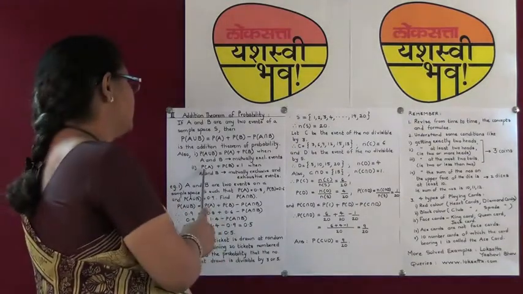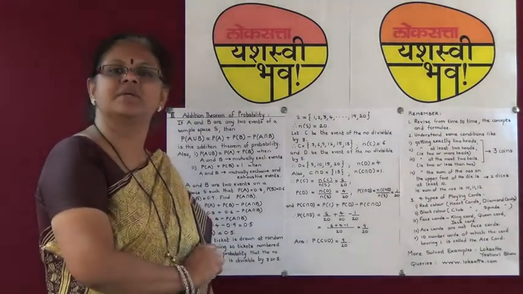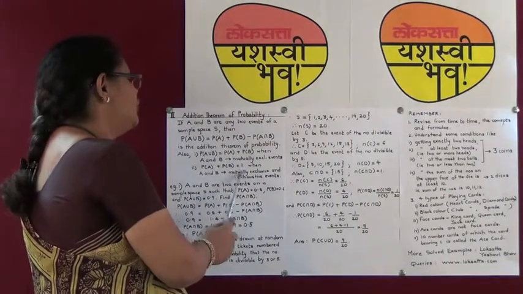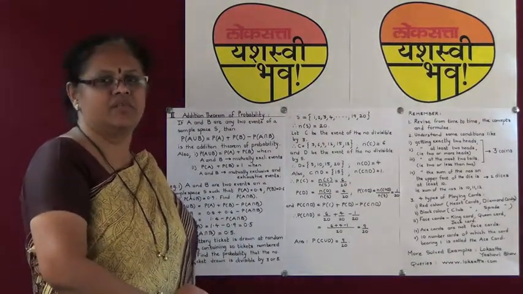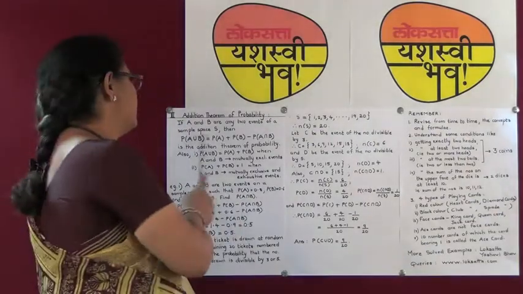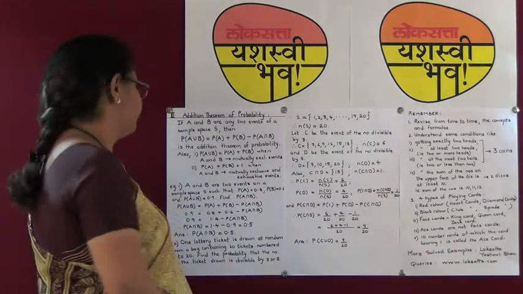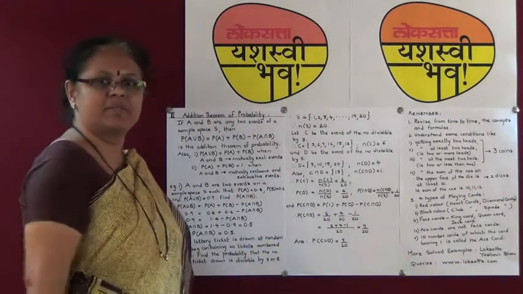And also remember, the probability of event A plus the probability of event B is equal to 1 when A and B are not only mutually exclusive events but also exhaustive events. Students, always remember these 2 points when you use the addition theorem of probability. Let us see how this theorem is used in these two examples.